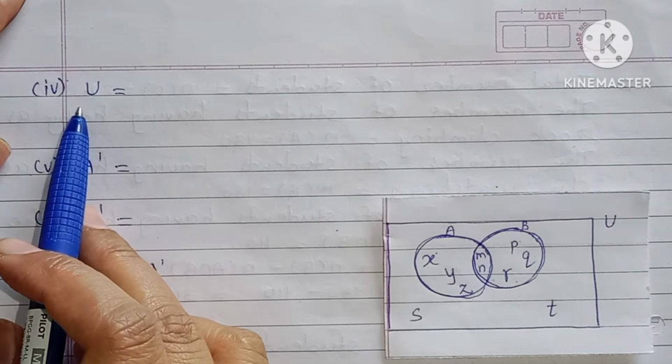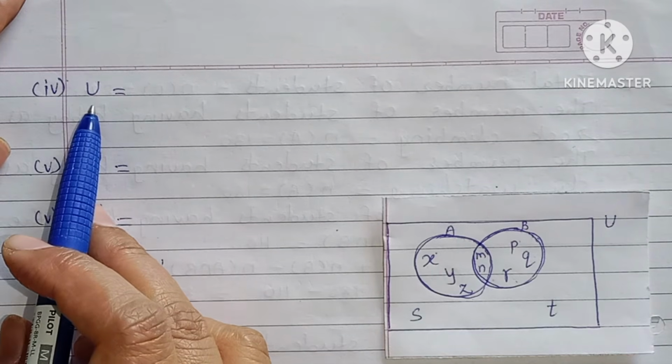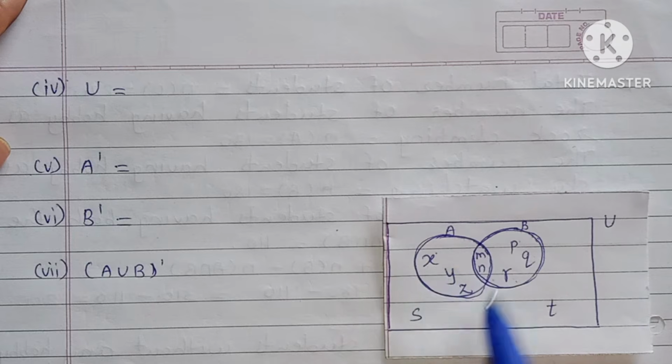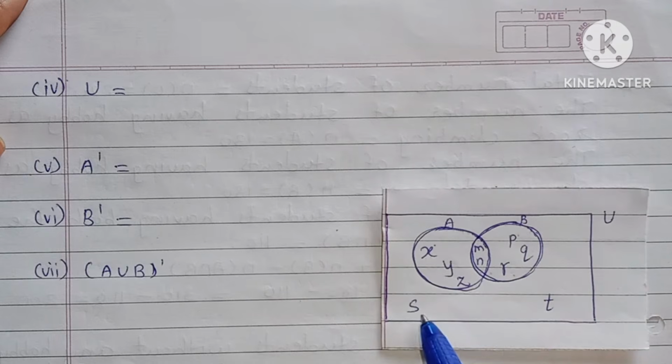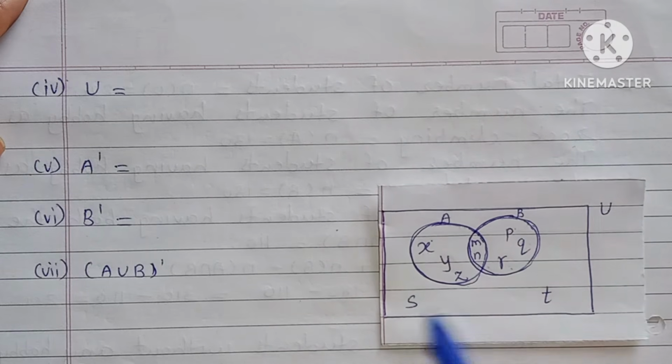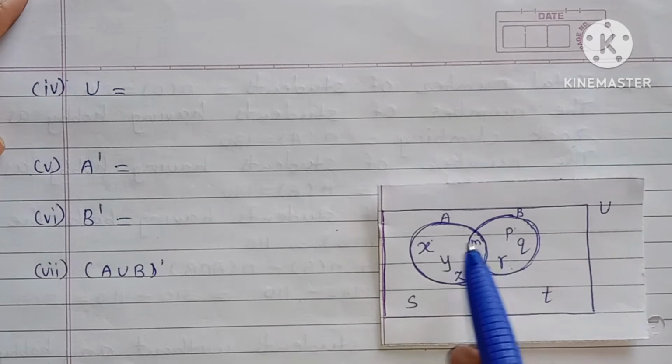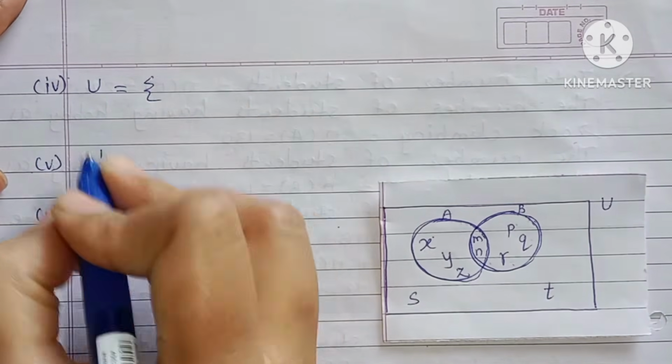Fourth, write down the universal set here. In set A, means in A union B, X, Y, Z, P, Q, R, M, N, and these two elements are also there, S and T. In universal set, these all elements are there. You can write down one by one.